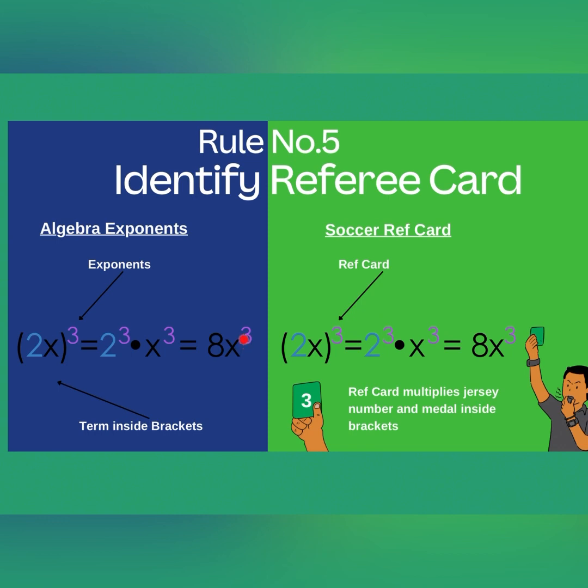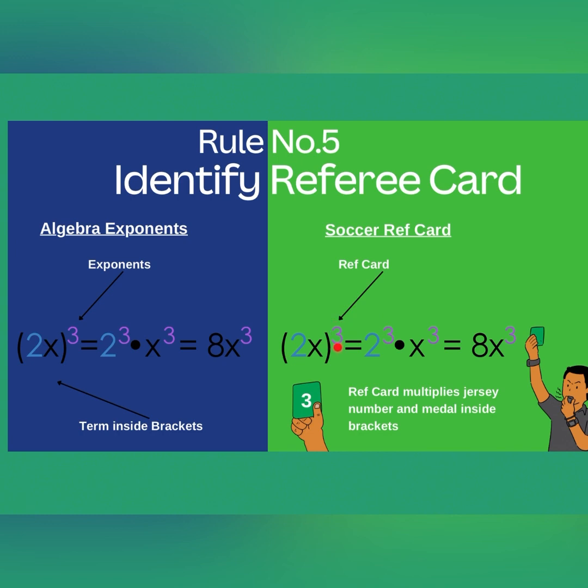Now in soccer, we refer to this exponent that's outside the brackets as the referee card. So this is different to the exponent that we previously spoke about that we said was the players' medals. Those are the exponents by the player's jersey number or the player's name. This one is hanging alone outside the brackets.